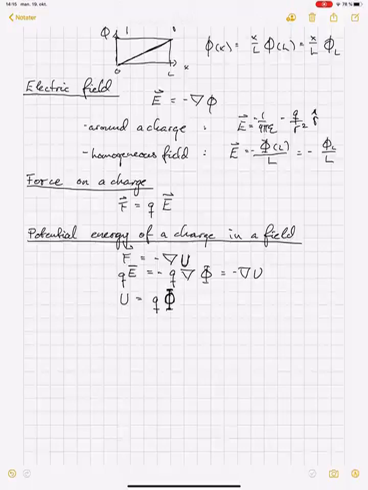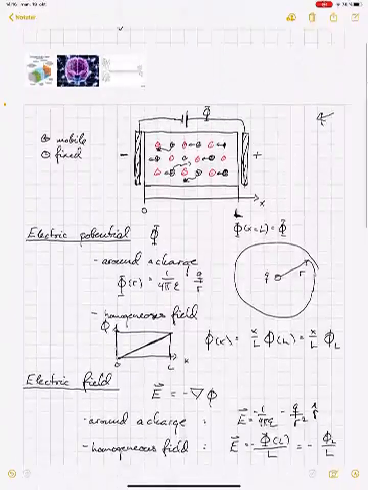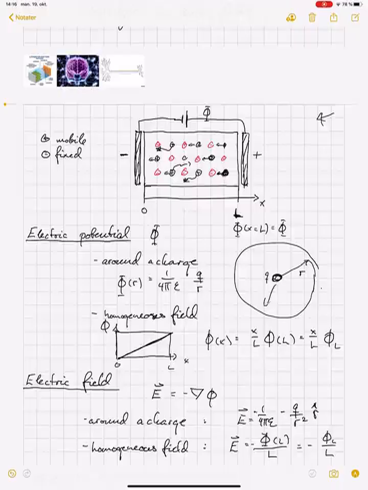So as I said, we now would like to find the equilibrium distribution, or the equilibrium state, and as we saw they will start moving, but because all of them have a charge, there will be a field around each charge. Then having a non-homogeneous distribution of ions will affect the electric field.